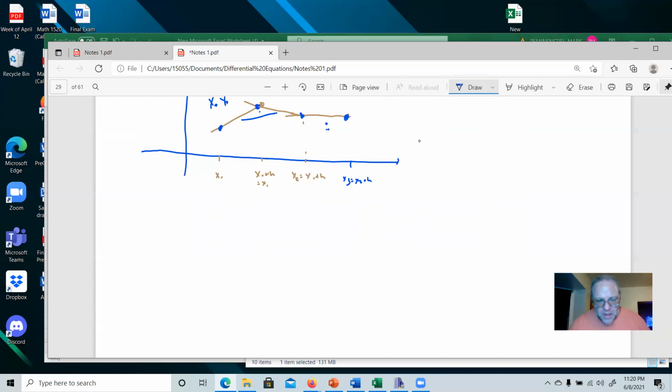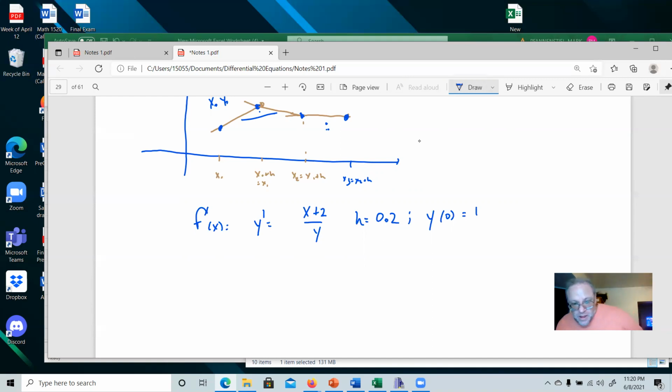All right. So here we're going to have y prime equals f of x. Okay, y prime is equal to, and let's do x plus 2 over y. We'll say h is equal to 0.2, or a fifth. Okay, and we'll know that y of 0 is equal to, we'll say 1.